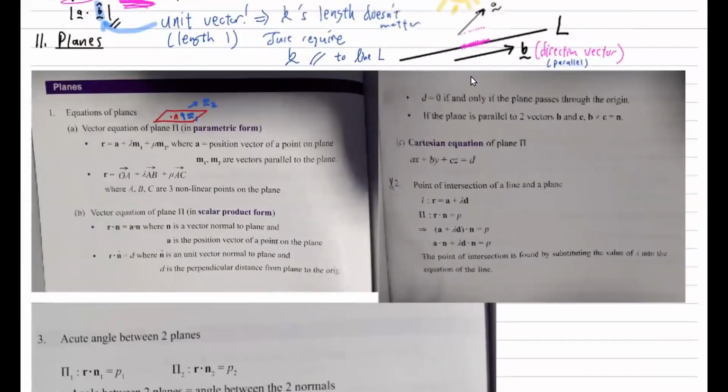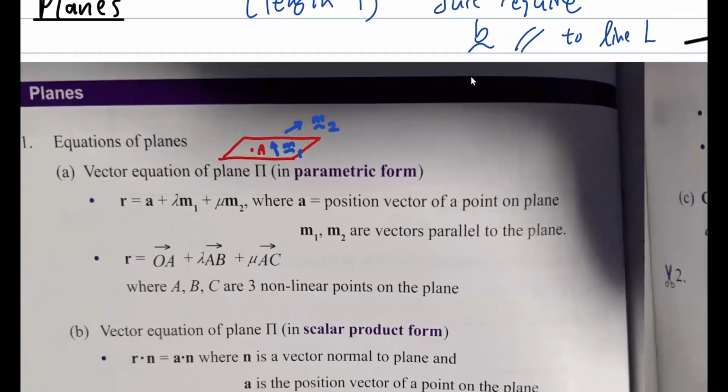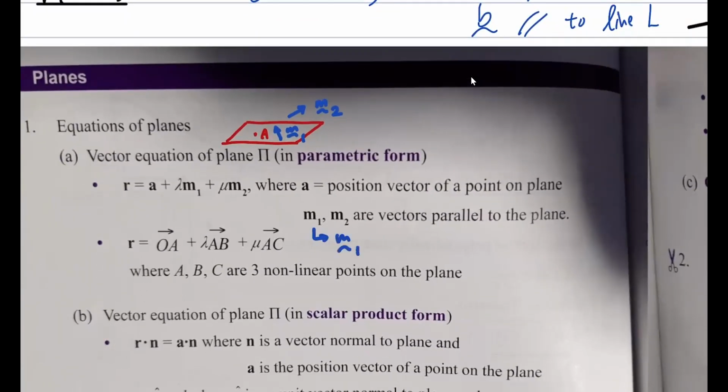Take note: M1 is not parallel to M2. Why do we need that? Because what happens when you have non-parallel M1, M2 and they are both parallel to the plane?